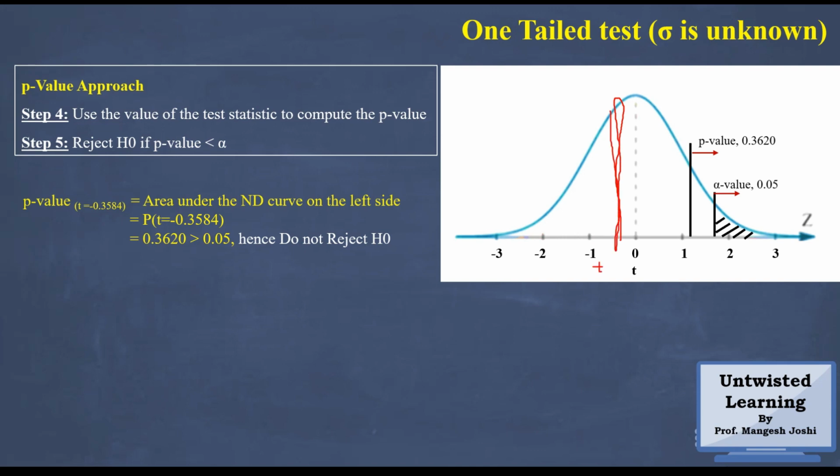If you calculate the value you will get 0.3620. Since 0.3620 is greater than 0.05, hence do not reject H0.